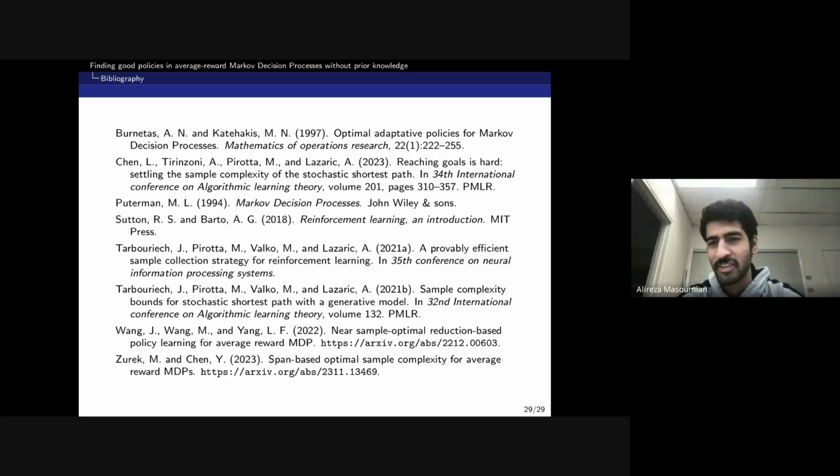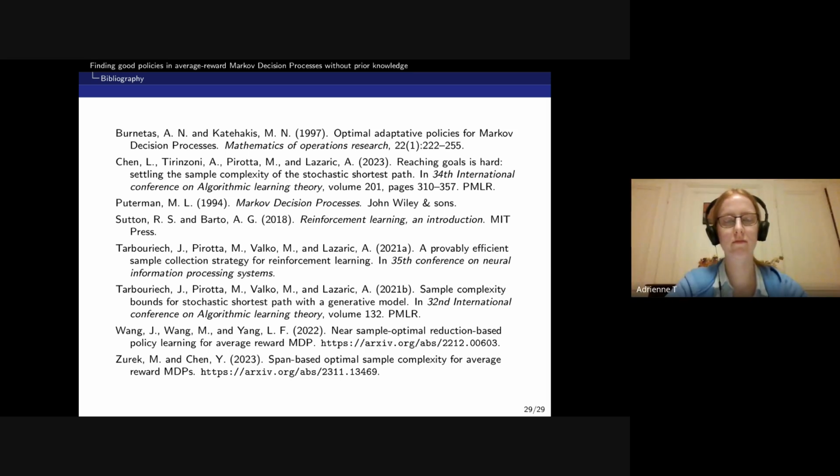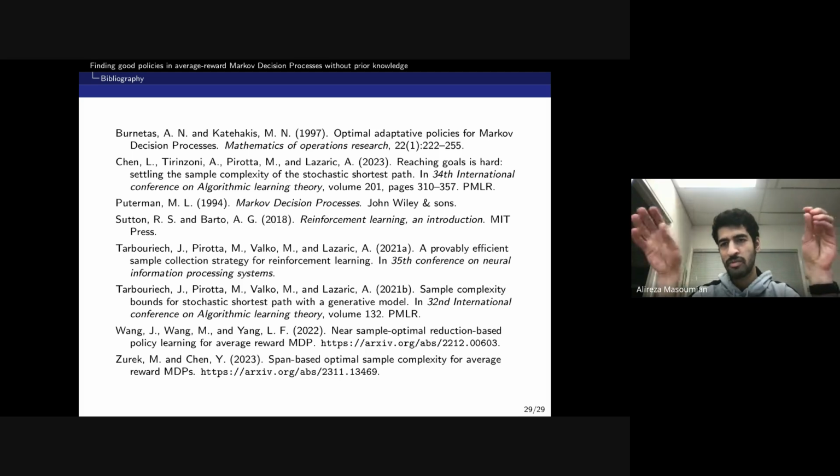Thanks for the presentation, for a nice presentation. I also had a question about, for example, when we know that the diameter is an upper bound for the optimal bias, and then we say, in some MDPs, the number of times that I need to have a PAC result is exponential in H, but it's polynomial in D. Does that mean that this upper bound is very loose?